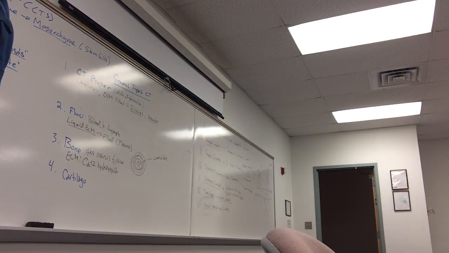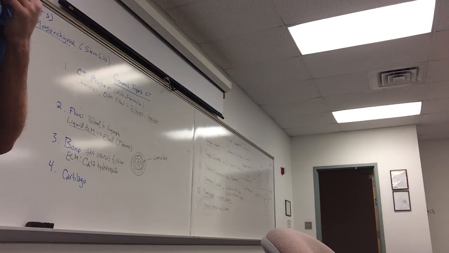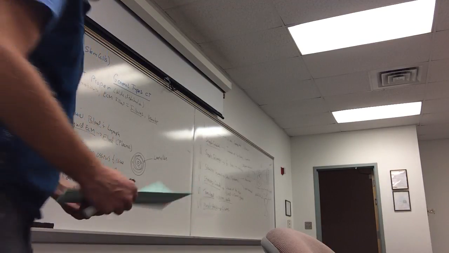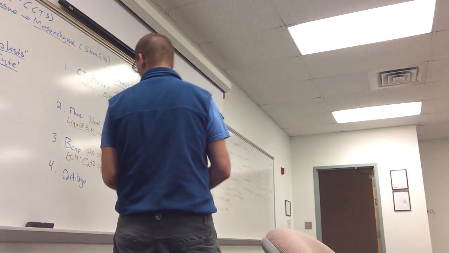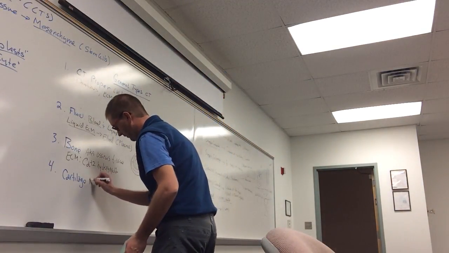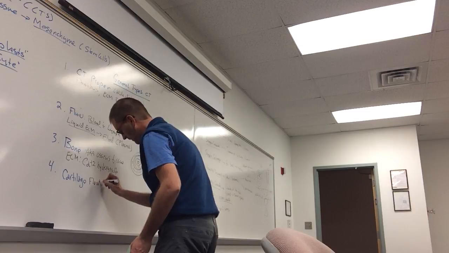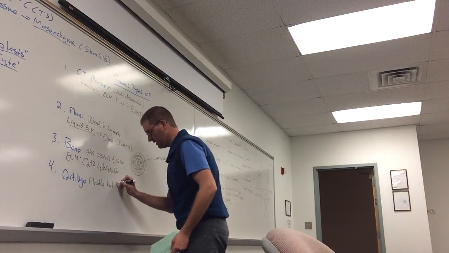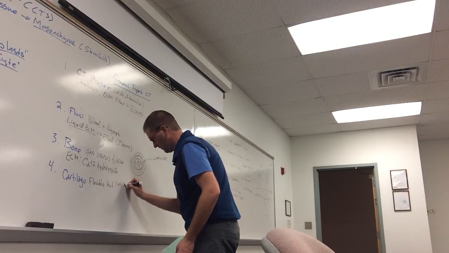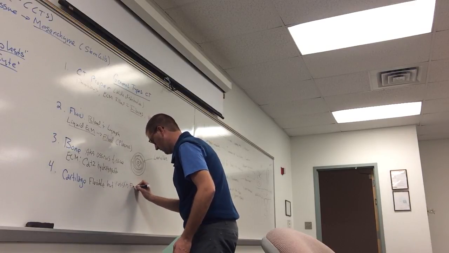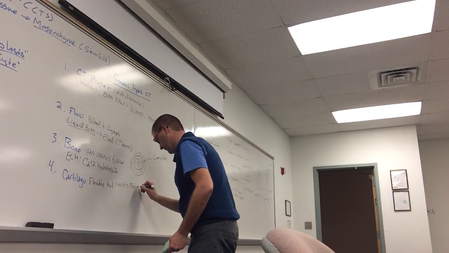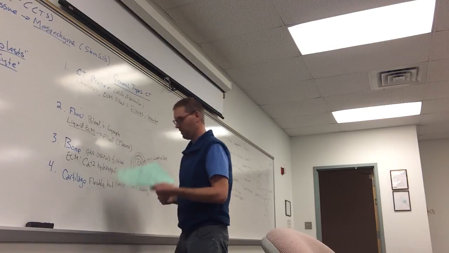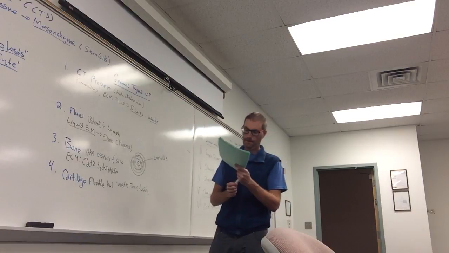All right, and then finally we have cartilage. Cartilage tends to be rather flexible, and it resists twisting and compressing forces. So it's flexible, but it's also good at resisting flexing and twisting forces.